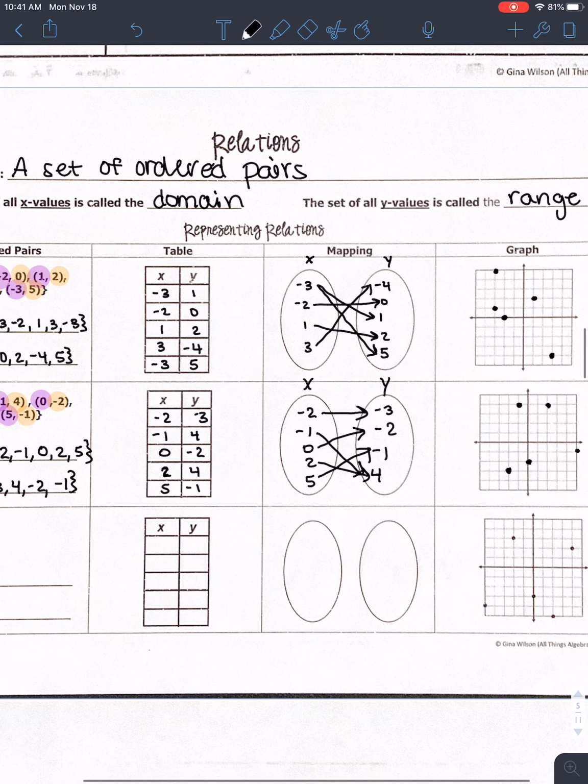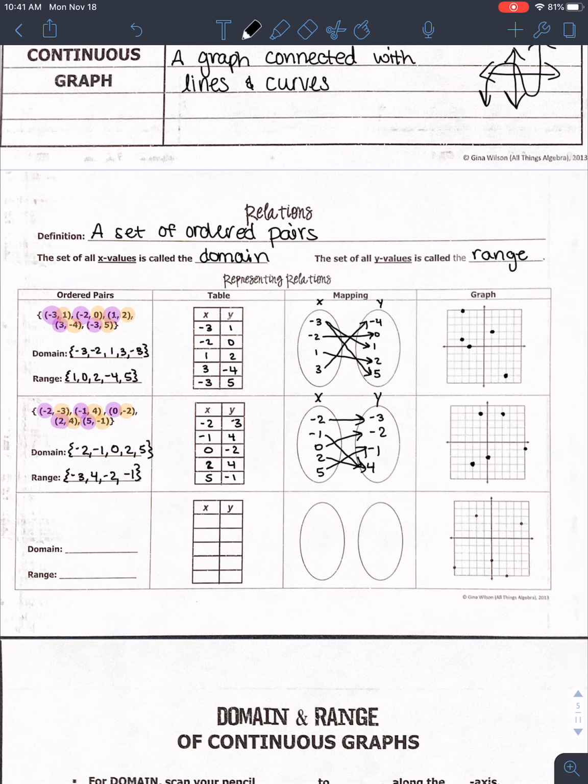Now I want you to try the last one on your own, but I'm going to make up a thing for you. So we have -5, -4, -2, 3, 0, -3, 2, -5, 4, 2.